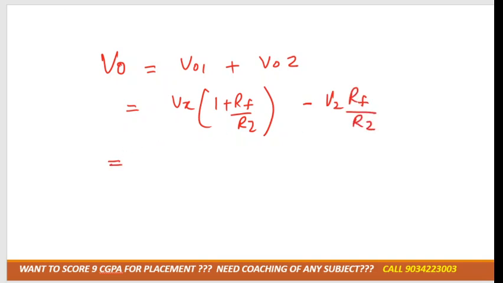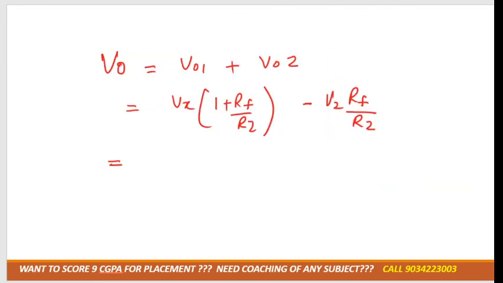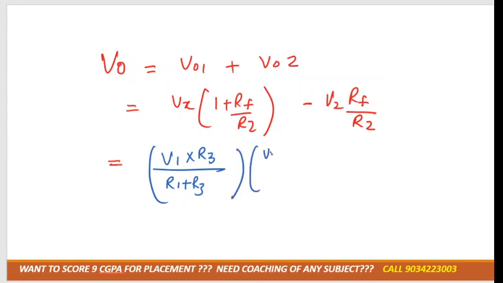Vx value we just calculated by using the voltage division rule, so we can put it over here. Vx is V1 into R3 divided by R1 plus R3, multiplied by the same thing, 1 plus Rf by R2, minus V2 Rf by R2.